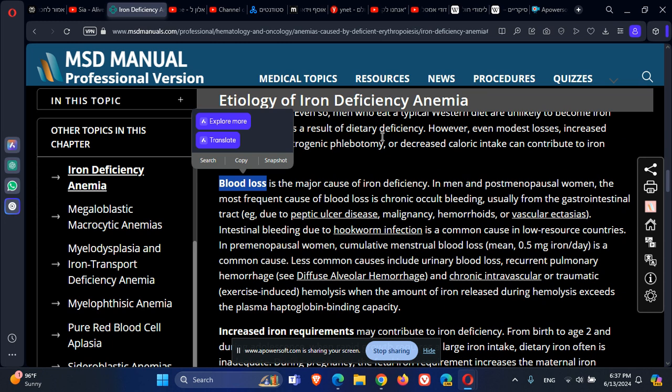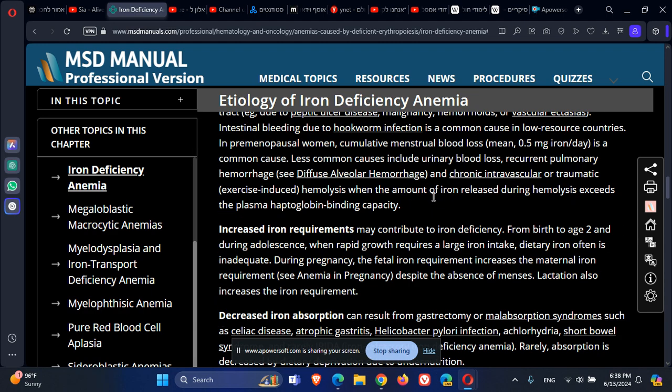Other causes, in older patients, are GI loss from colorectal cancer, or from the stomach, as in peptic ulcer and Helicobacter pylori, which can cause gastritis and hypochlorhydria, decreasing the absorption of iron in the GI tract. Other causes include angiodysplasia in the colon, which is dilated blood vessels in the colon that can bleed, and we can lose blood from there.